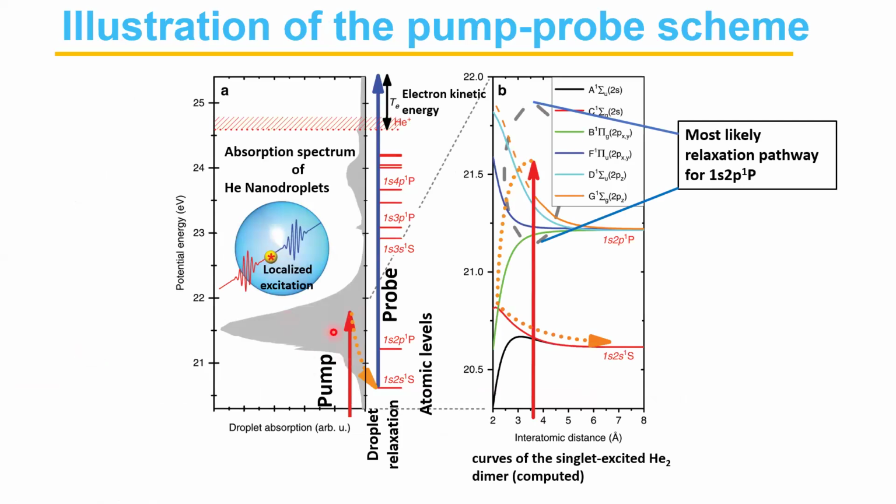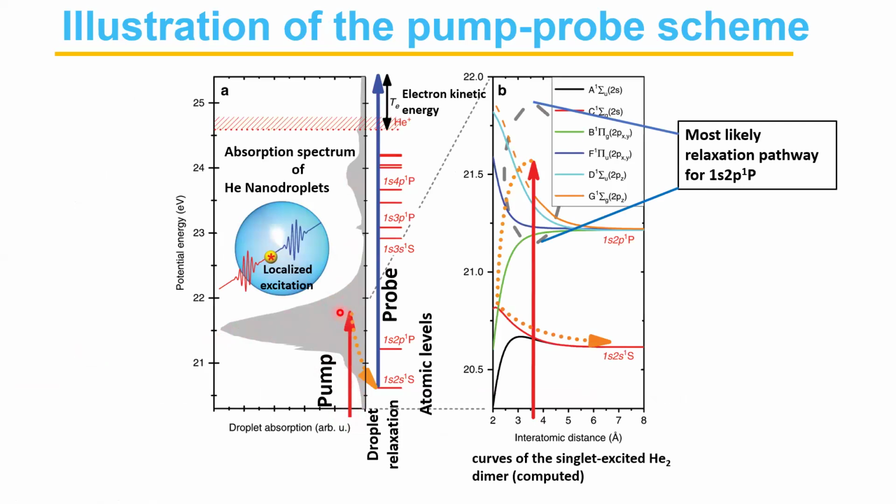So here you see in the gray area, that's the absorption spectrum of the helium nanodroplet, which shows a broad absorption roughly around 21.6 eV. So usually you have a pump, which is shown by this red arrow, which excites the system to this energy.